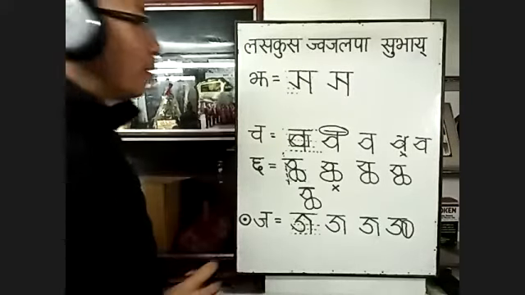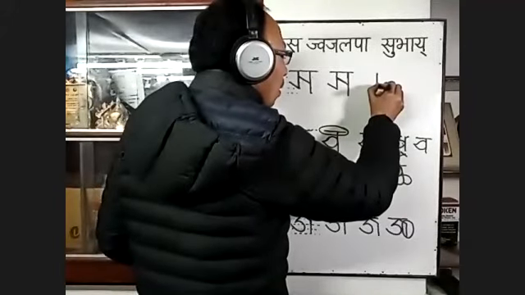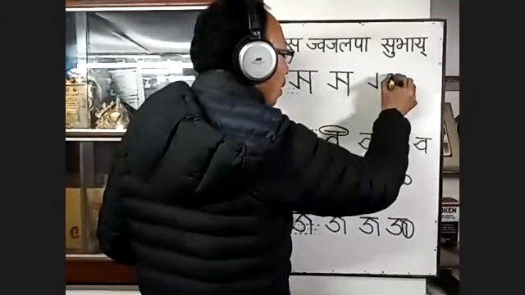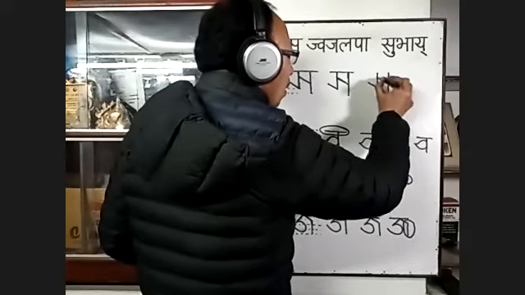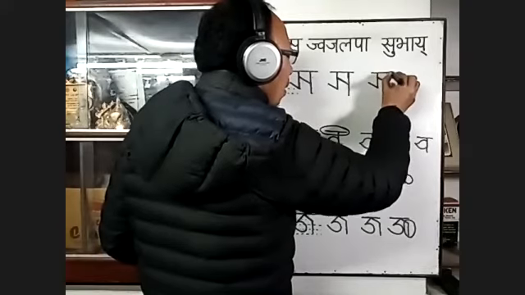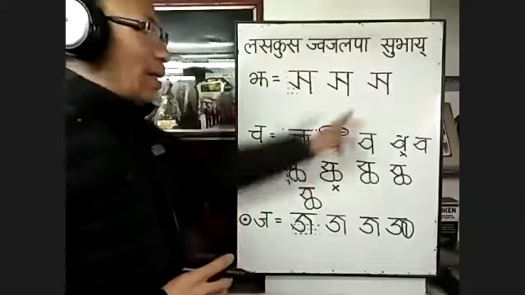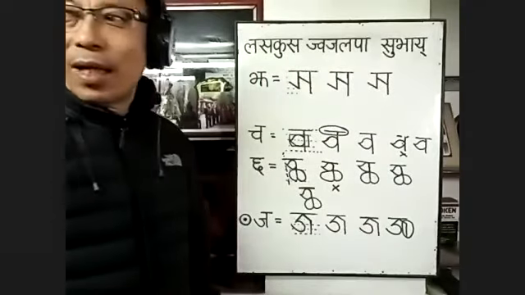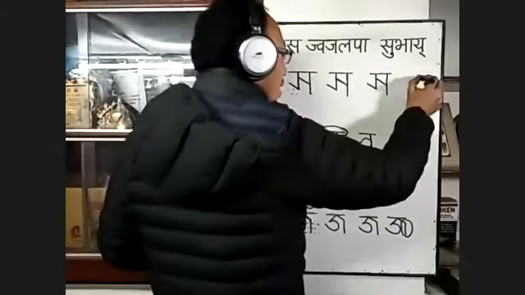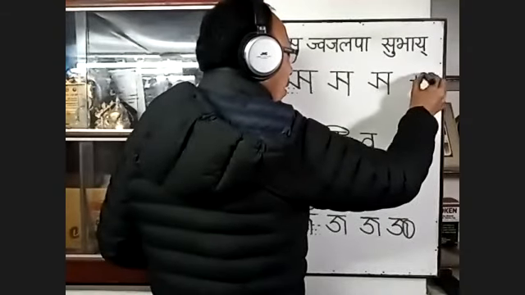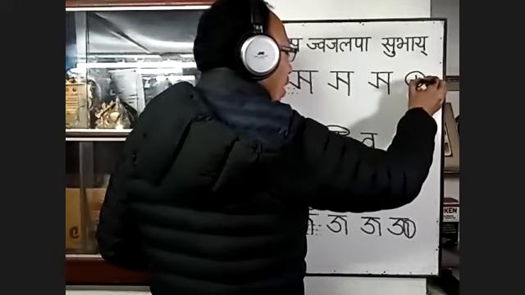It's cha. So this is another letter that has two lines touching at the mo. So for those letters that have two lines touching at the mo, we give this sign, I think.